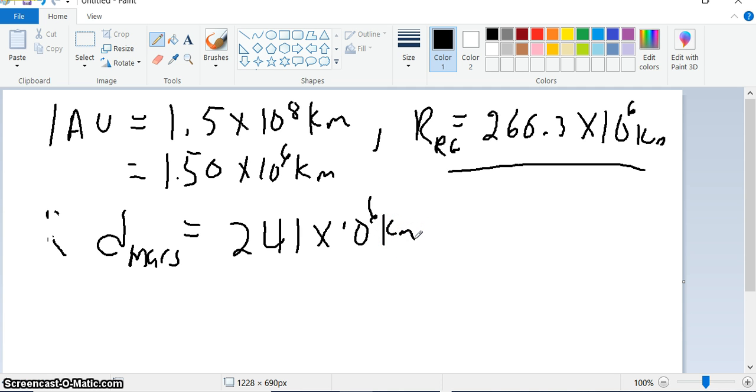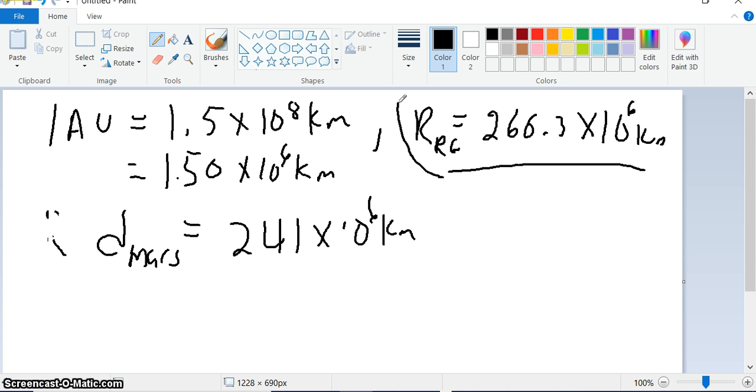The size of the red giant is larger than that, by 20 million kilometers. That's not going to get us out to the distance of Jupiter, certainly.